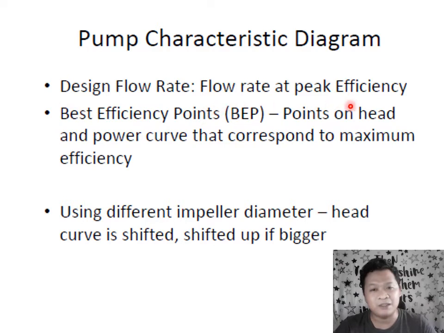So you want the pump to be near, or you always operate near the best efficiency point and select a suitably sized pump for that expected flow rate. Okay, and then the use of a different impeller diameter usually shifts the head curve upward kung mas malaki yung impeller mo. So we'll see examples later of curve shifting.